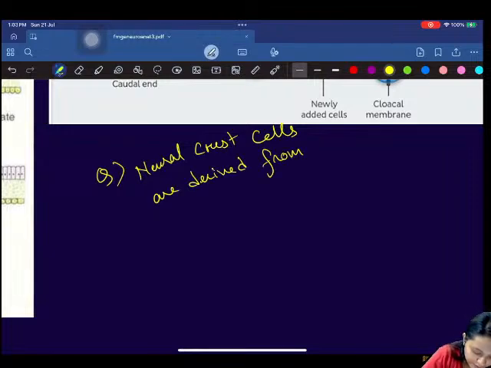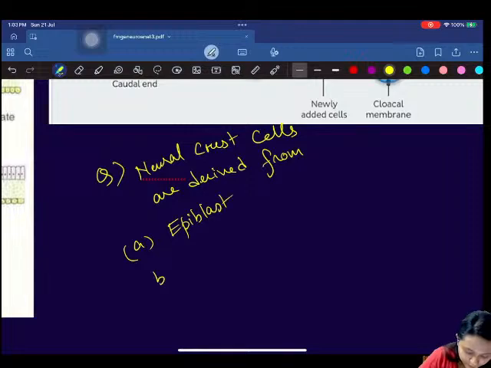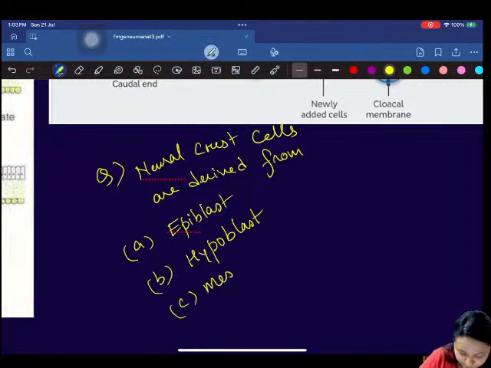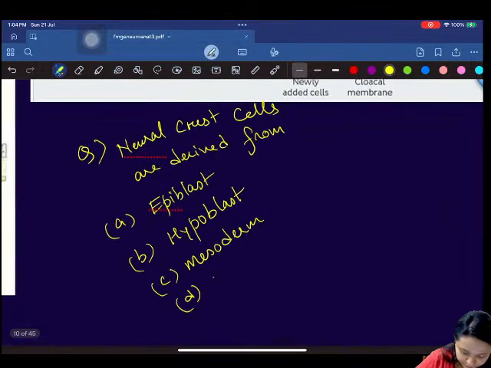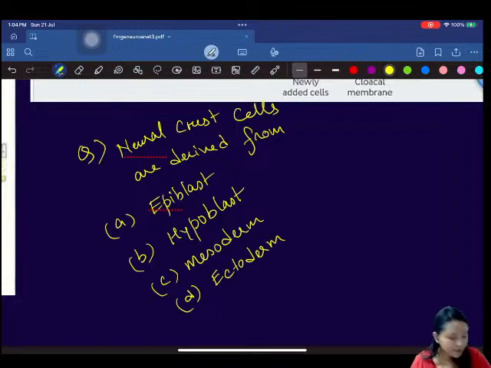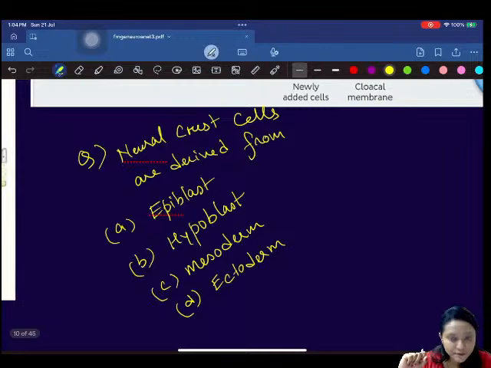I am giving the options: epiblast, hypoblast, mesoderm, ectoderm. Now I want a correct answer to this question. Neural crest cells are derived from epiblast, hypoblast, mesoderm, ectoderm.